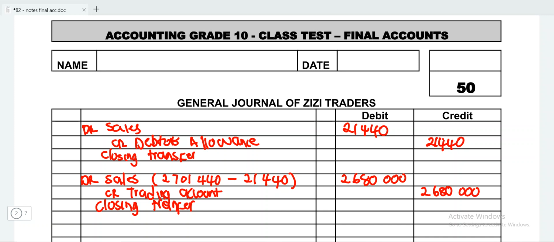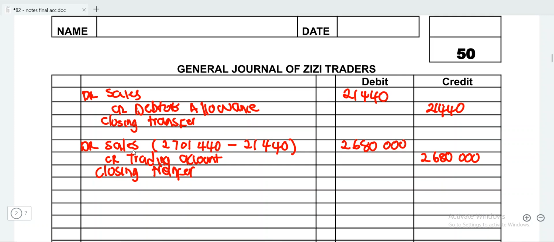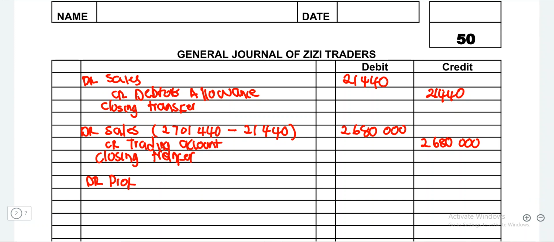Then next, the third step says that we must close off our cost of sales to trading account. So in other words, we are going to debit our trading account, then we credit our cost of sales, because remember I said that when you close off, you do the opposite.